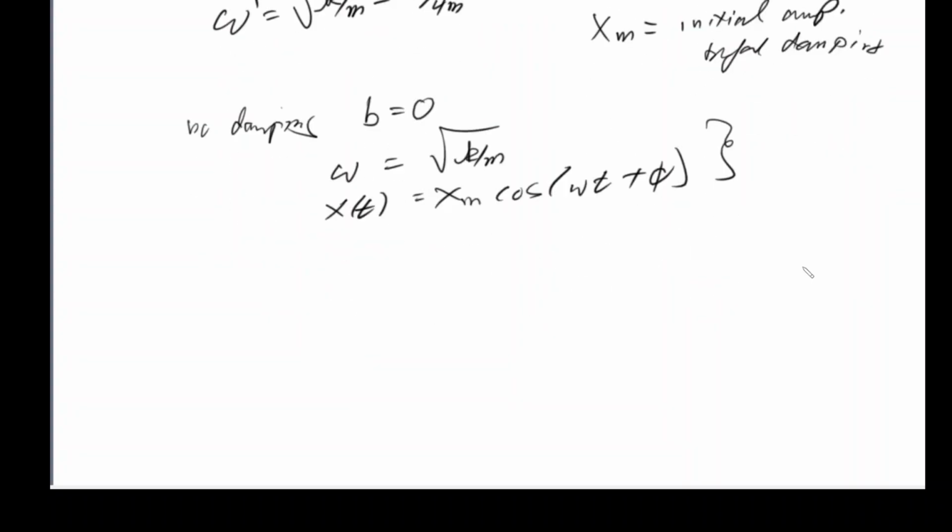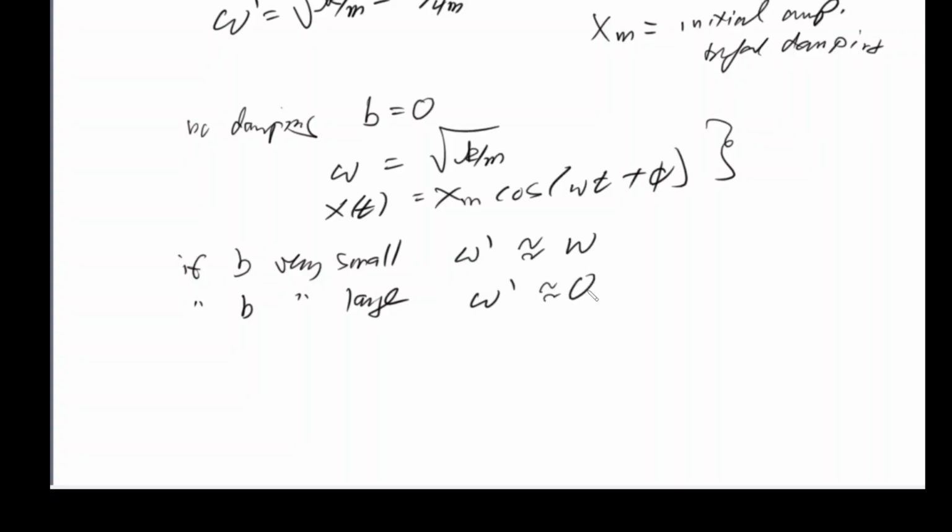On the other hand, if b is very small, if there's just a little bit of damping, then the angular frequency of the damped oscillator approximates that of the undamped oscillator. And if b is very large, then the oscillation frequency will become 0.